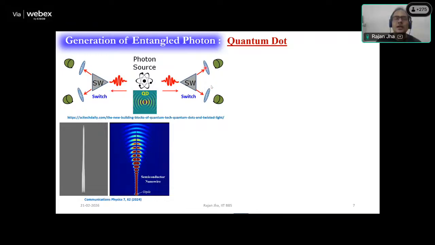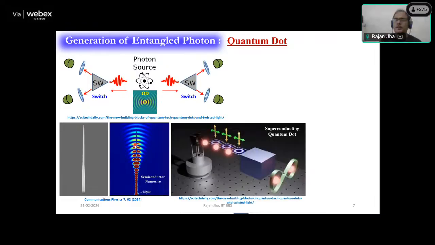We'll discuss that, and when you correlate them, you can identify whether these two are correlated or not. These are some of the very latest research where people have reported using semiconductor wire or nanowire, where it started with some dipole, and then you try to see that these two are correlated. So you measure one towards one side, and it is going to show up on the other side.